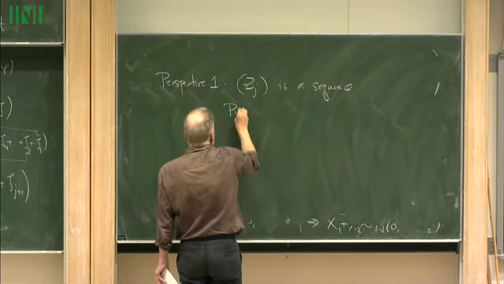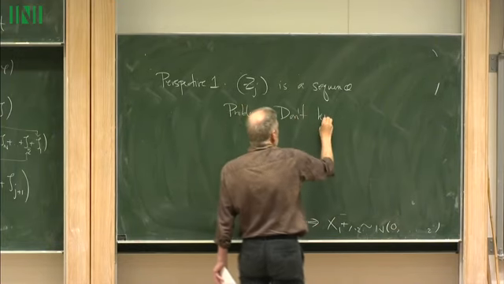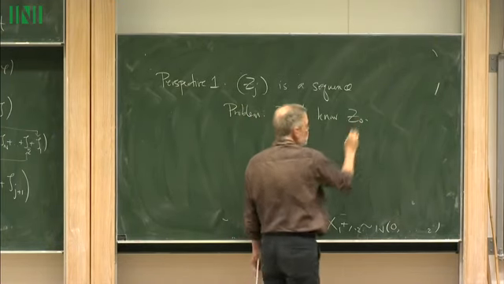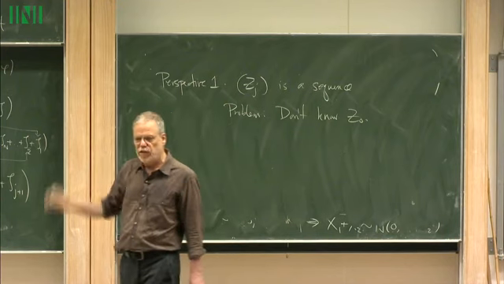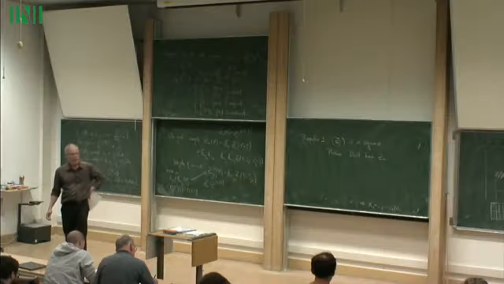Okay, the problem is that we don't know what Z0 is. I mean, I wrote down a formula that Z0 involves this G naught and nu naught. It's just determined by those two parameters, but we want to choose nu naught critical, and we don't know how to do that at the moment. Part of our problem is to determine what the critical point is.